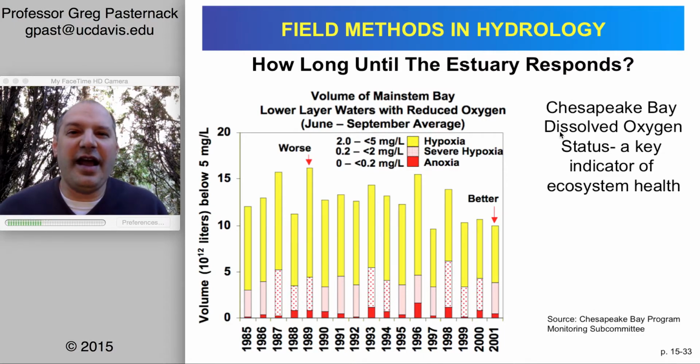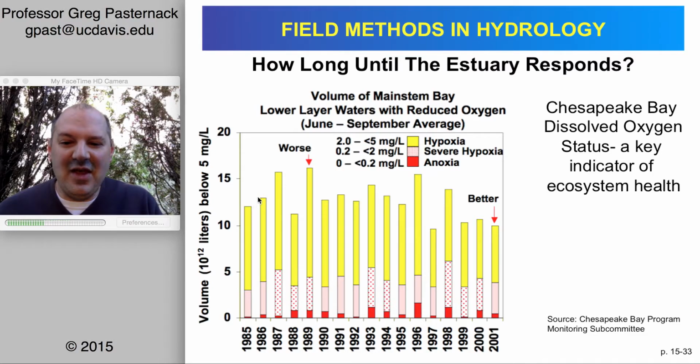And this is a fairly complicated graph, so I kind of like to torture you with it a little bit. On the x-axis is the year, and the y-axis is the total volume of water below 5 milligrams per liter of dissolved oxygen. So let's just look at the top of the bars here. If we skate across the top, that's the total volume of water that fits the hypoxia criteria.